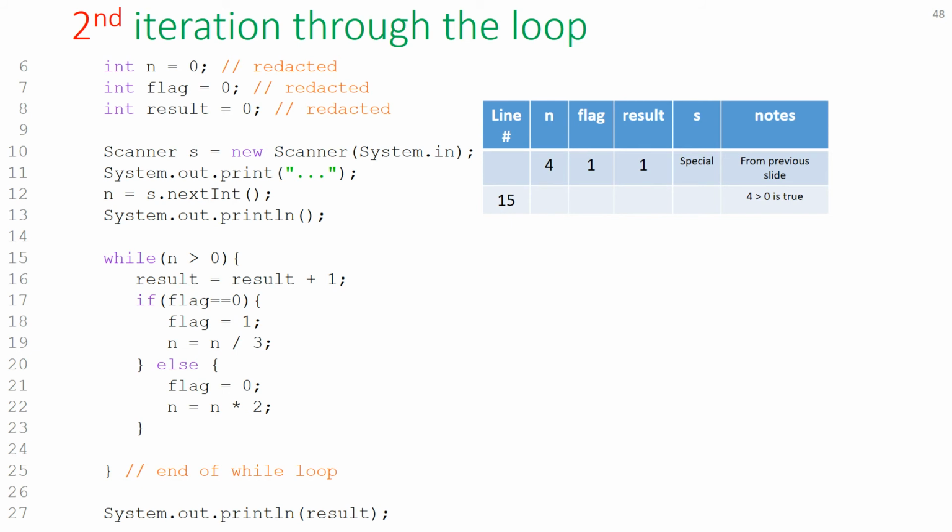And I test again. What is the current value of N? 4. 4 greater than 0? True. All right. Then the next line that gets executed, 16, I increment result. So this is where the trace doesn't have to be purely mechanical. Okay, I've been a robot so far. I've been just doing what a computer would do. That's the goal.